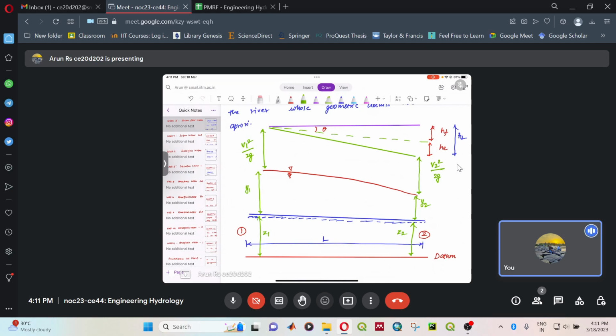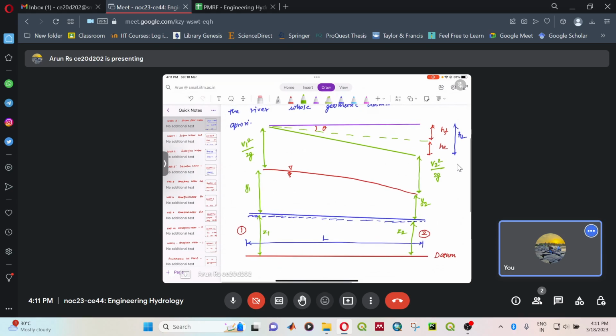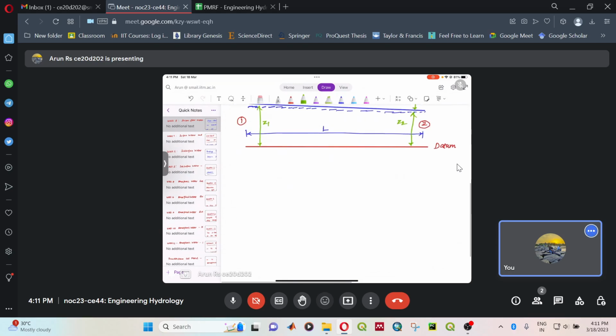So what we will do now is apply the energy equation across these two sections. From the basic principles, we can write the energy equation in cross section 1 and 2.